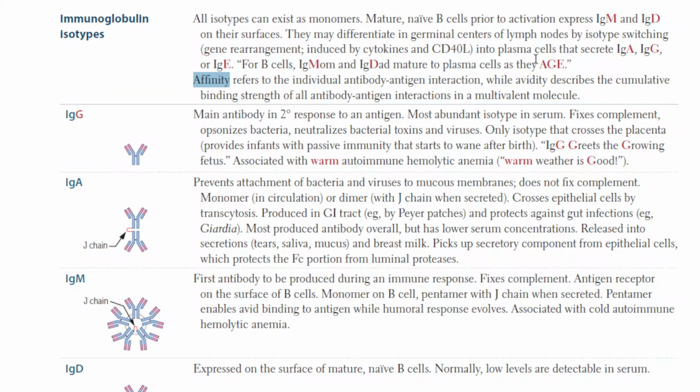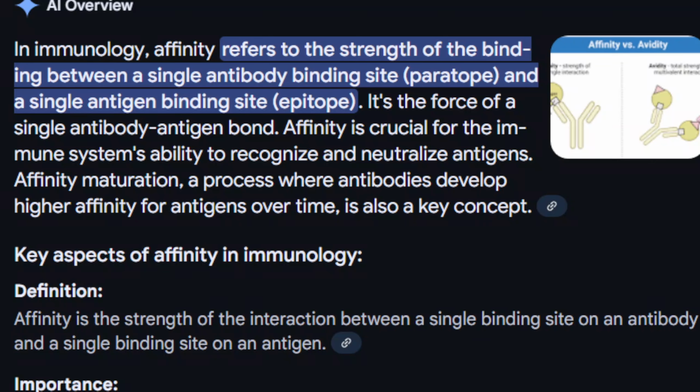Affinity and avidity. Let's see affinity. In immunology, affinity refers to the strength of the binding, or how strong is the binding, between a single antibody binding site, the paratope, and a single antigen binding site, the epitope.